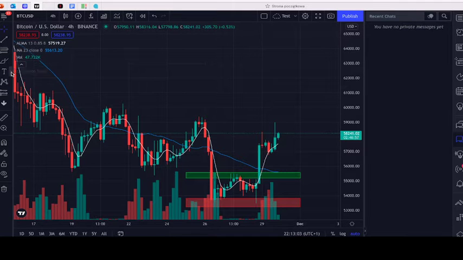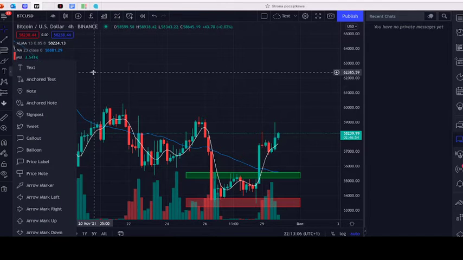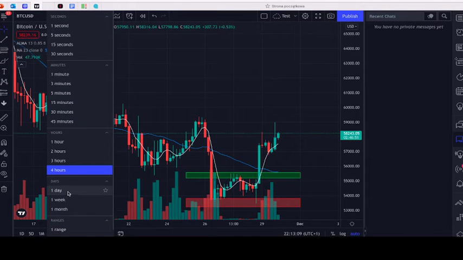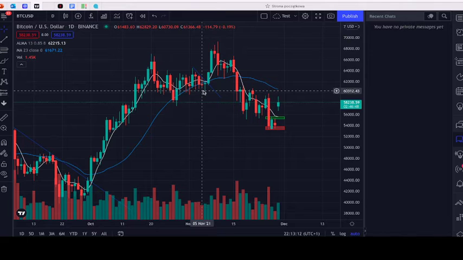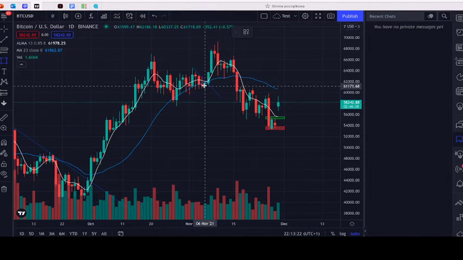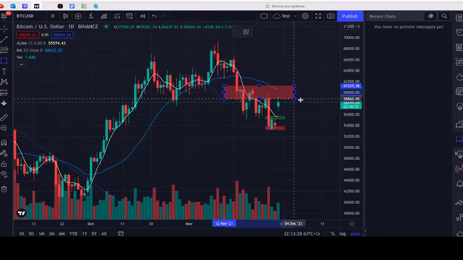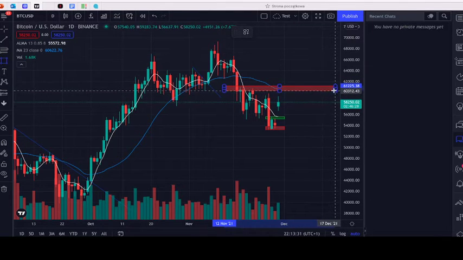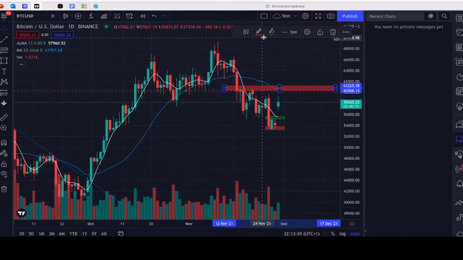We can leave maybe on 1 day time frame, and let's put that shadow. I can put a green color.